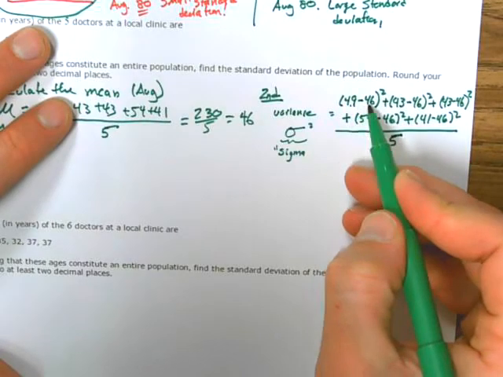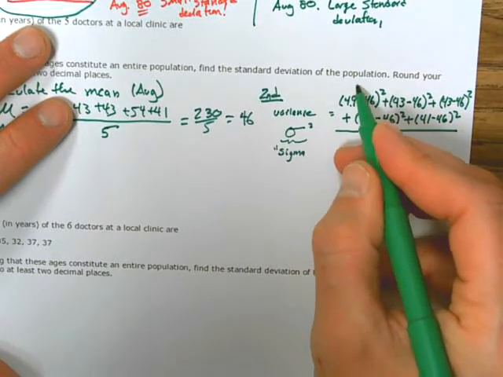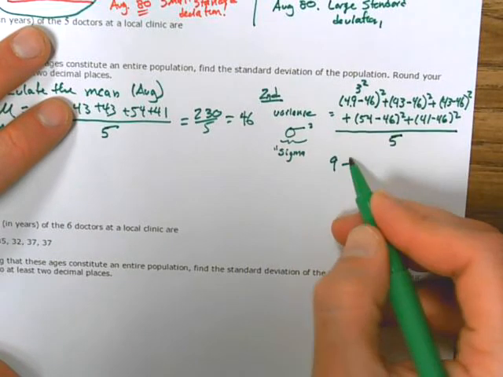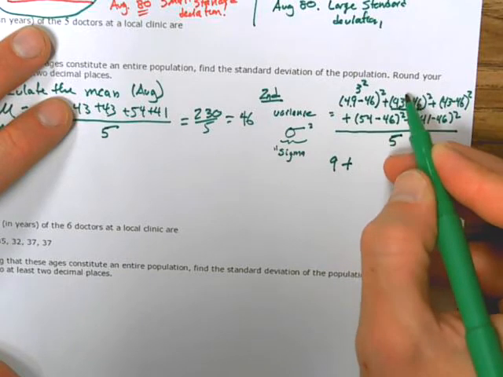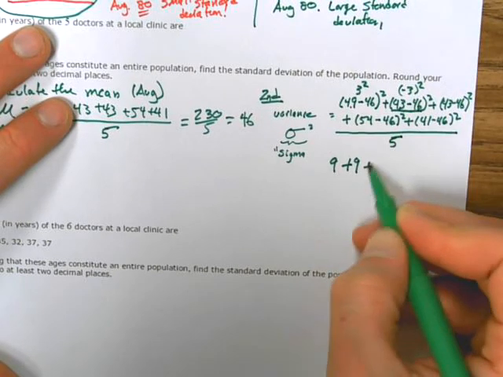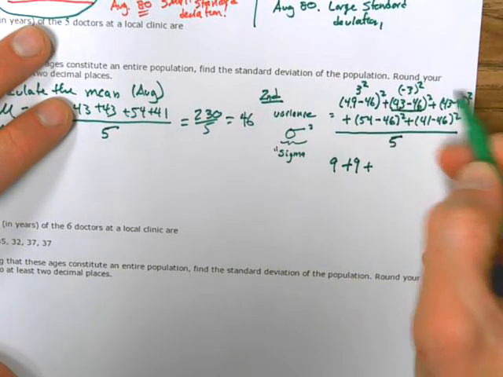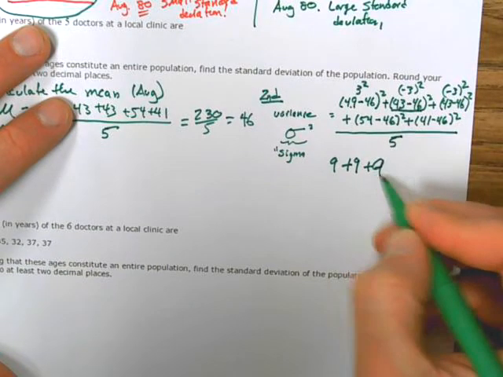So 49 minus 46, that's just a difference of 3 squared, so that would be a 9, plus 43 minus 46, that's negative 3, but when I square it, it's a 9, plus another 43 minus 46, negative 3 squared, that would be a 9 again.